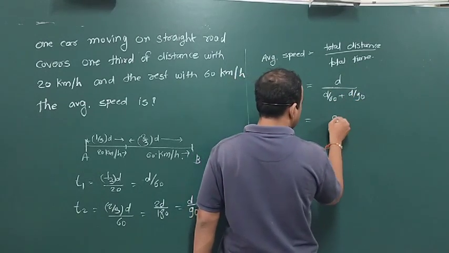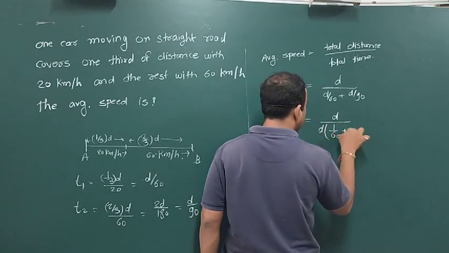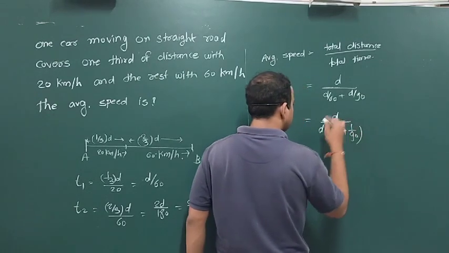So we get d upon d into 1 upon 60 plus 1 upon 90. So d d gets cancelled.